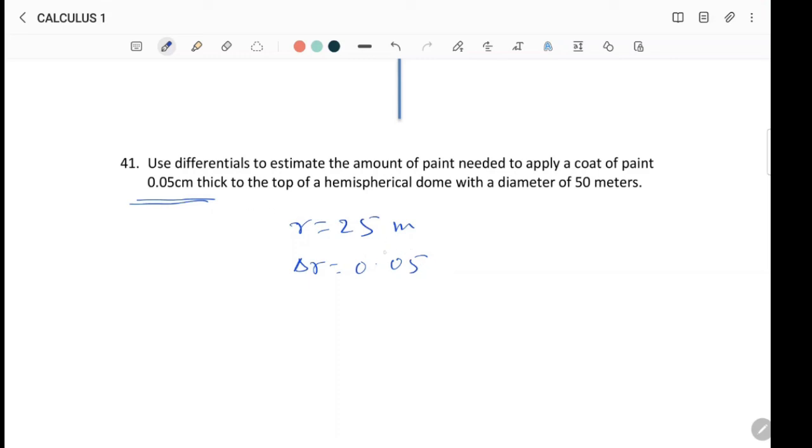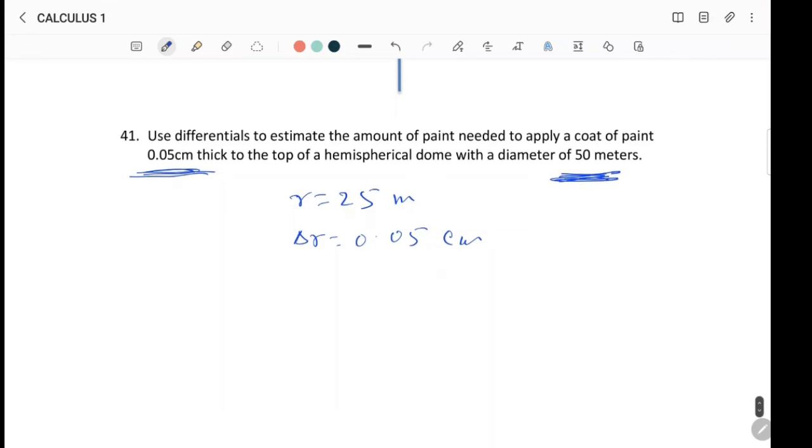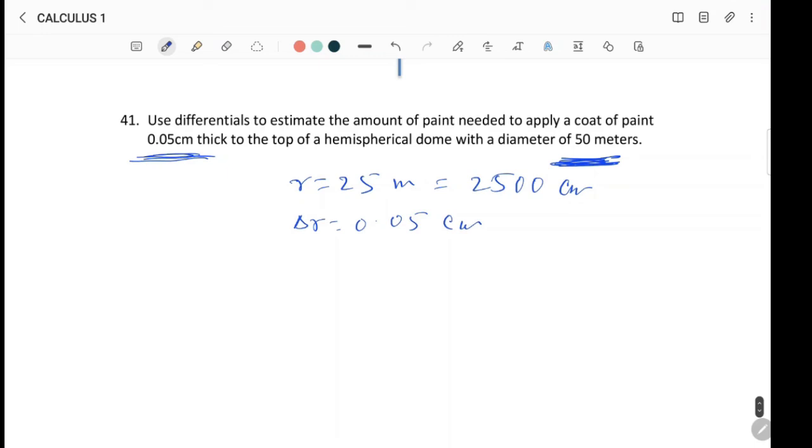This is in meters and this is in centimeters. So can we apply in centimeters, guys? 25 meters is 2500 centimeters. Use differential to estimate the amount of paint needed.